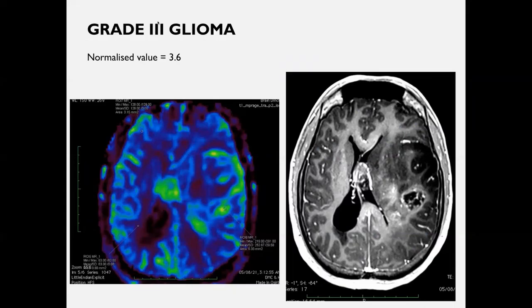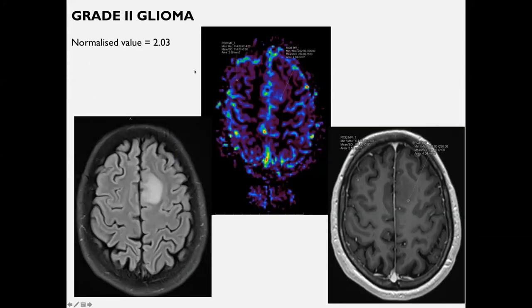Now this is a grade 3 glioma. This was a grade 3 astrocytoma, actually a very recent case with us. When I got the values, I did the calculations on my console. I got a value of 3.6. Okay, so grade 3 gliomas, it is very difficult to actually distinguish grade 3 gliomas from grade 4 gliomas.